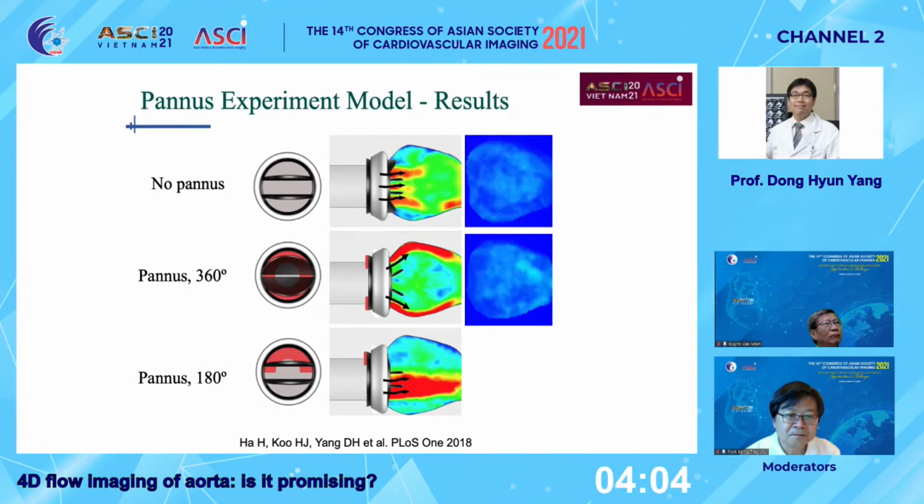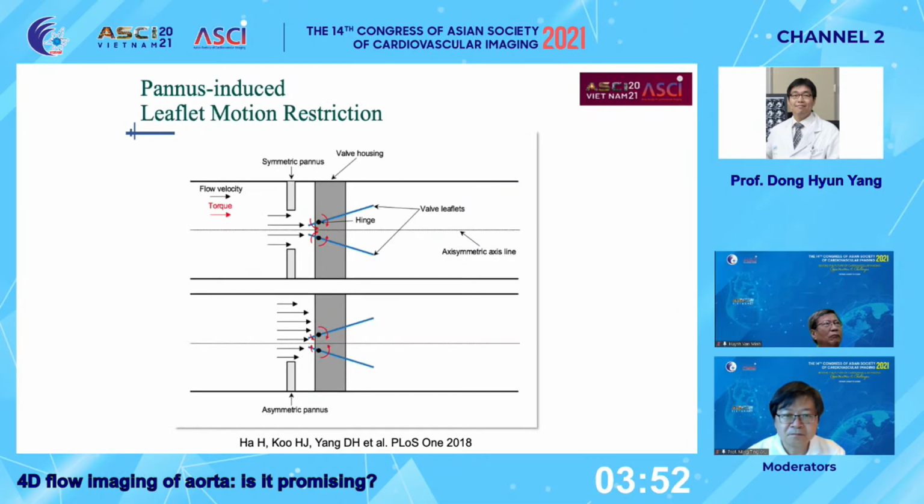This motion restriction changes the flow pattern around the valve leaflet and aggravates the transvalvular pressure gradient. Probably when there is pannus formation, the torque force to open the leaflet may reduce. I think this is the mechanism of pannus-induced leaflet motion restriction.